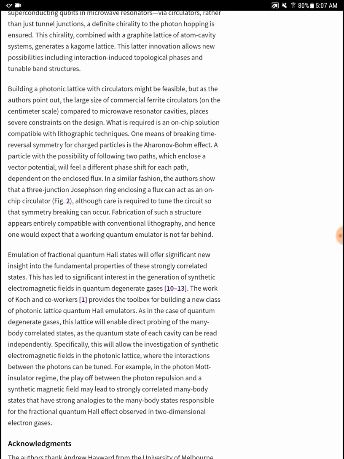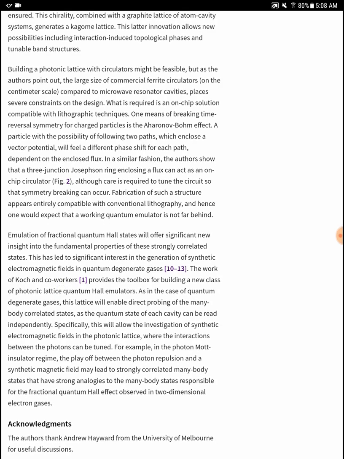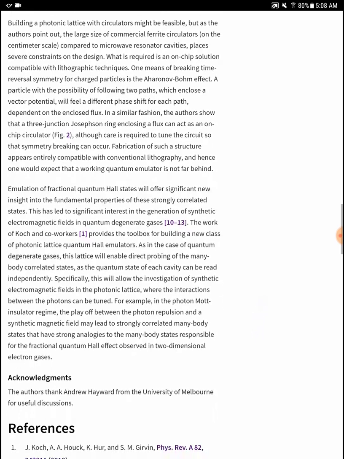This chirality, combined with a graphite lattice of atom-cavity systems, generates a Kagome lattice. This latter innovation allows new possibilities, including interaction-induced topological phases and tunable band structures.